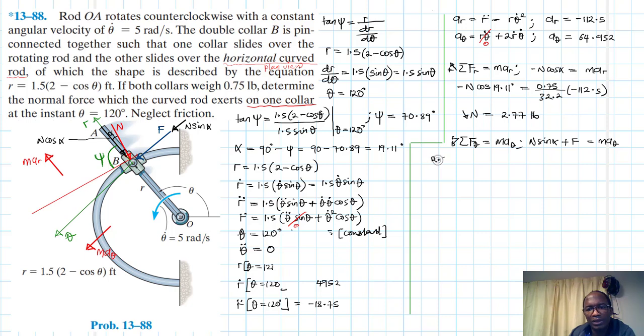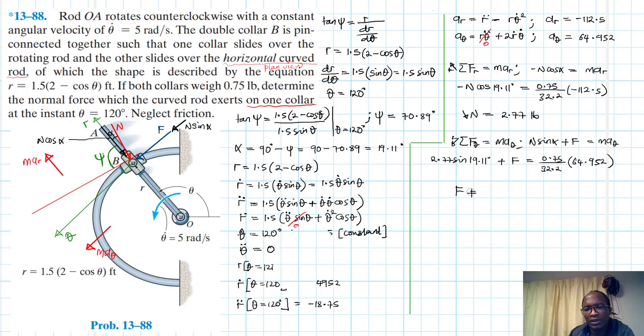Our n, we just calculated it, is 2.77 sine 19.11 degrees, plus F equal to m, which is just 0.75, divided by the acceleration due to gravity in feet per second squared, times a theta, which we calculated as 64.952.